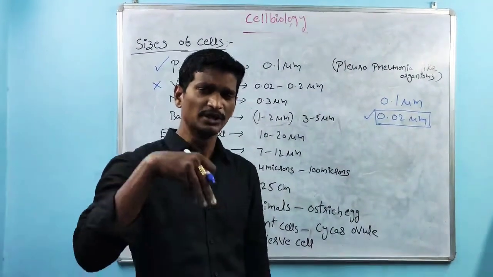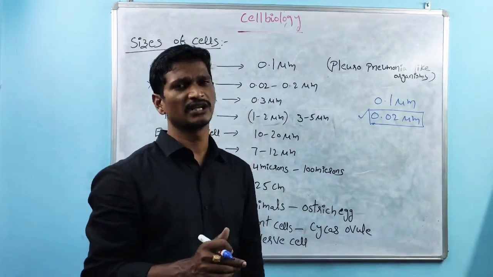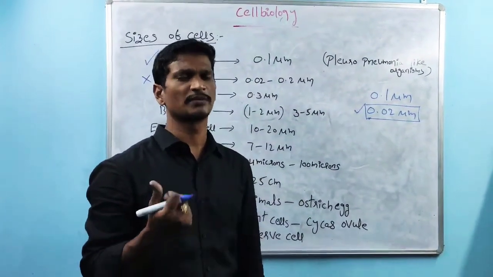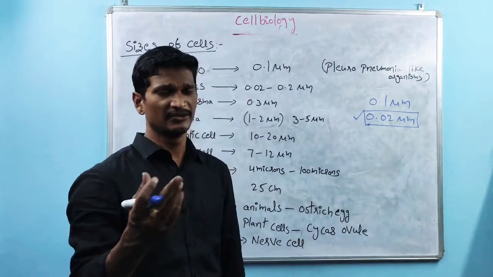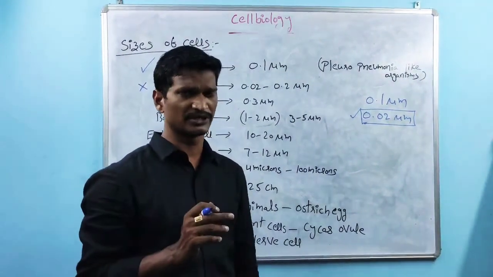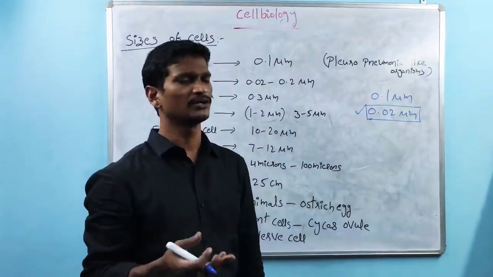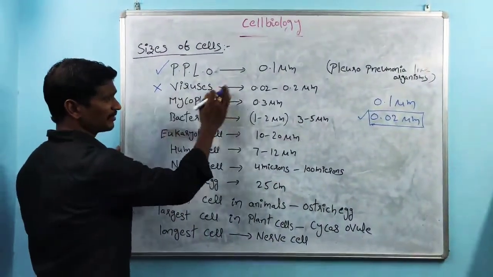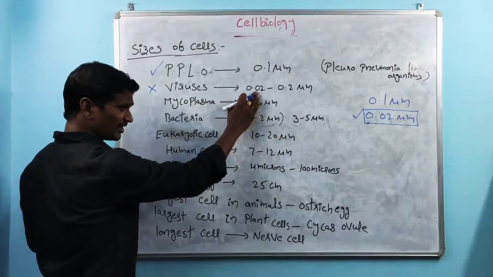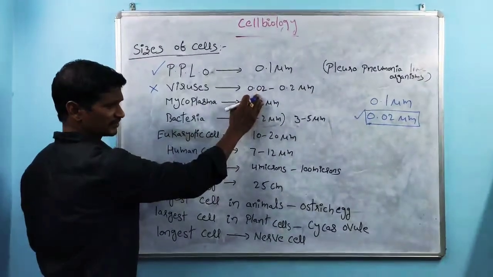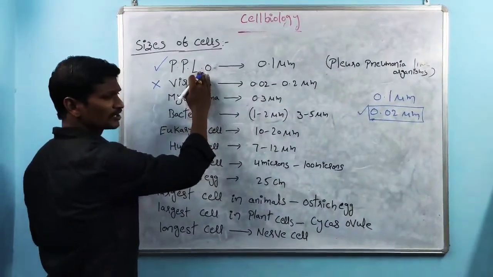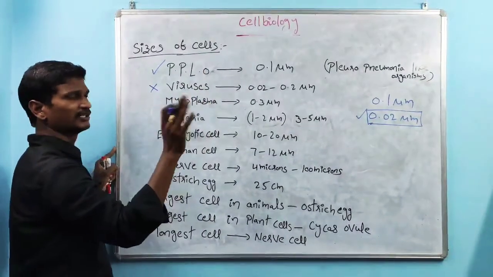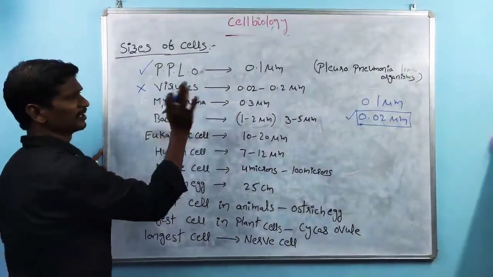Once they enter the host cell, they become active and start replication. That's the reason viruses are not included in any biological classification. So my point is, viruses are small in size, but they are not considered living organisms. PPLO is the smallest living organism on the earth. Right? That is about the virus.